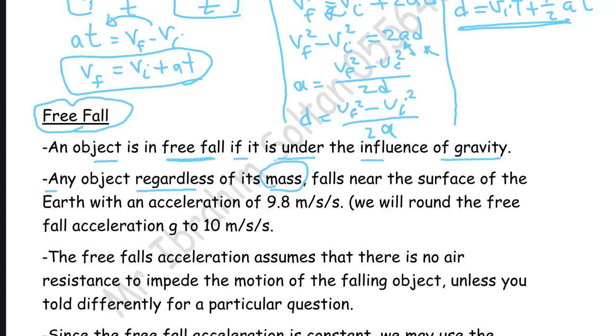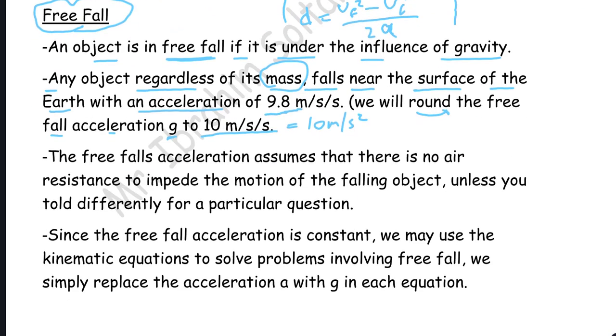So, any object, regardless of its mass, falls near the surface of the Earth with an acceleration of 9.8 meters per second squared. We will round the free fall acceleration g to 10 meters per second squared.